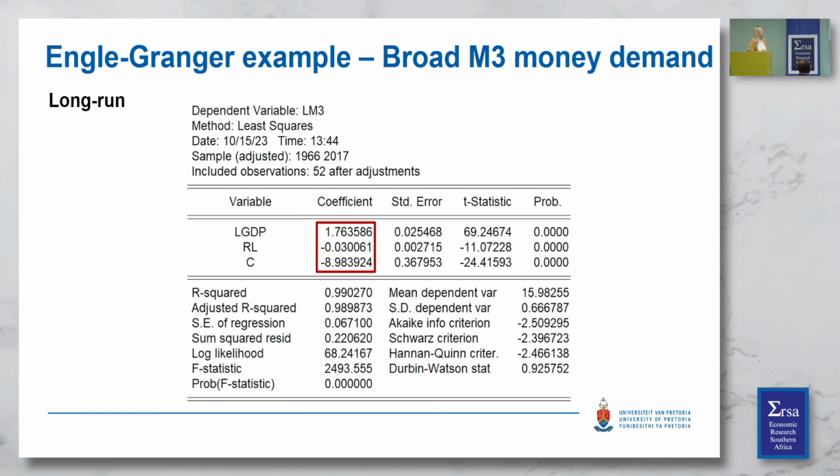We said that if we can test the existence of co-integration between these three series, then we will claim these will be our long run steady state parameters.